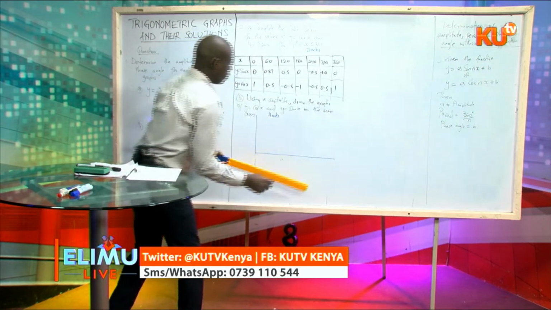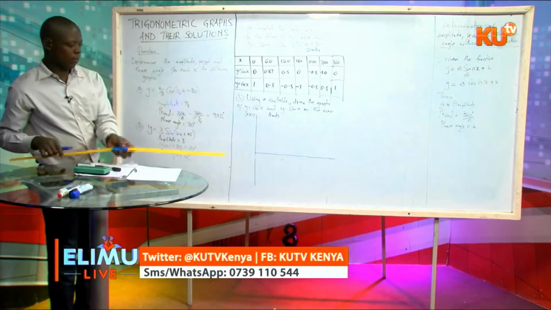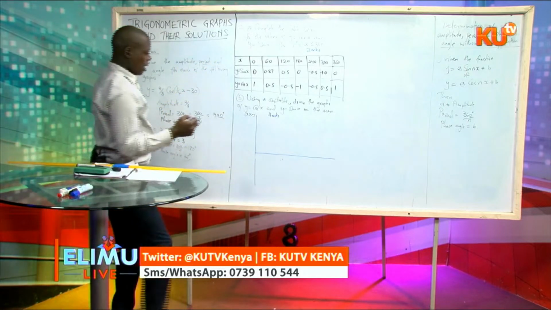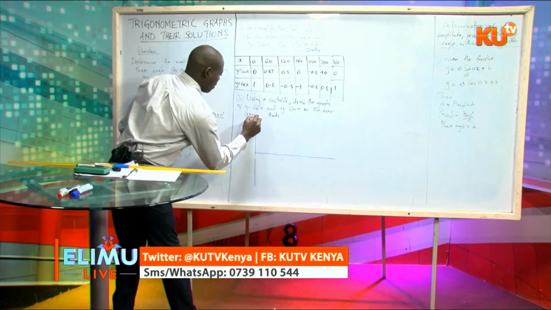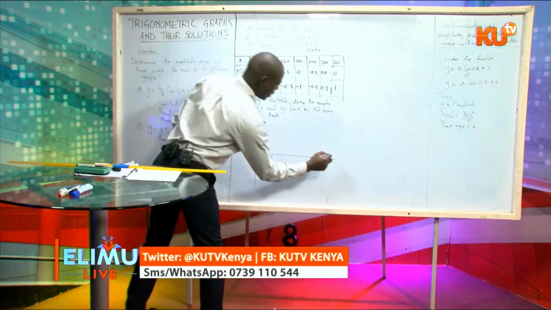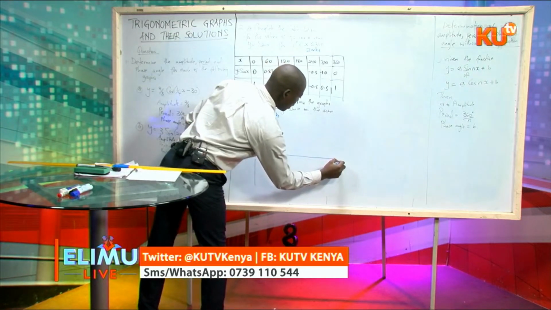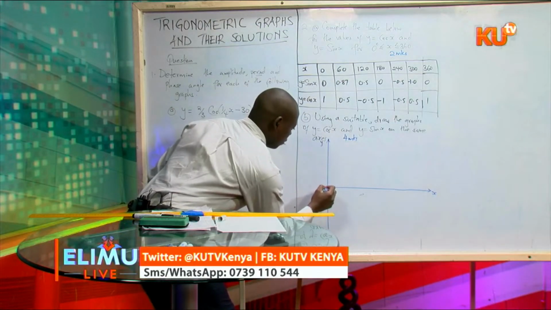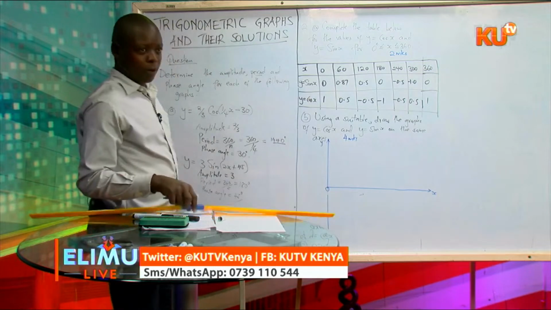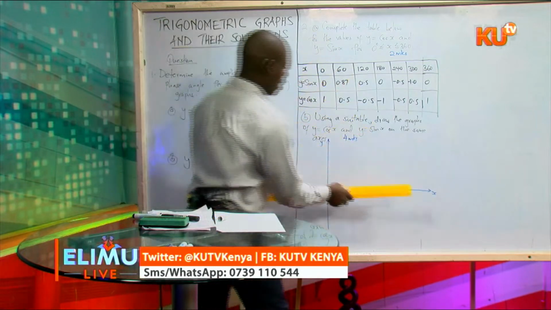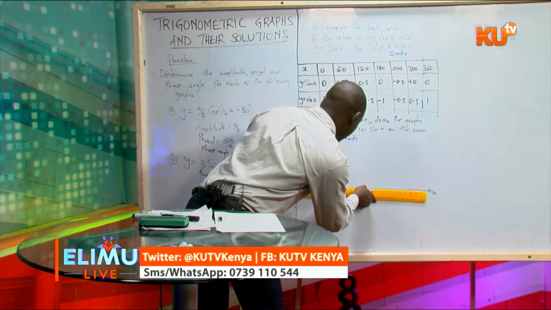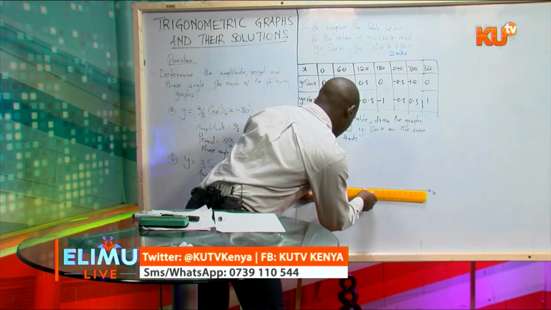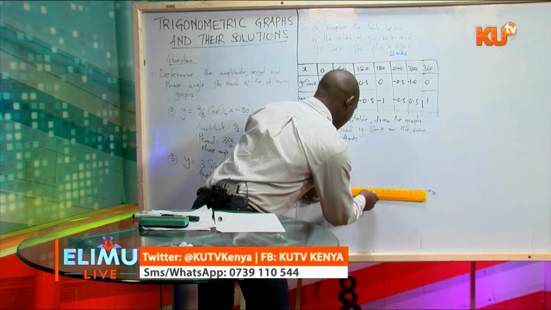Again, we have to be very careful so that we get the right figures. The y-axis is labeled y-axis. Then we have x-axis. And at this point, we have 0. We have to choose an interval that is even. So ensure you take your ruler well and choose an interval.